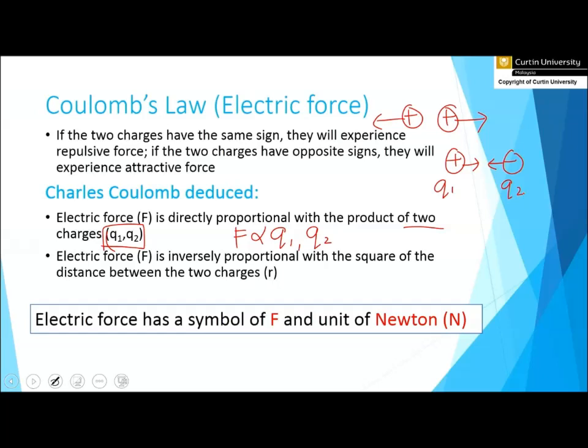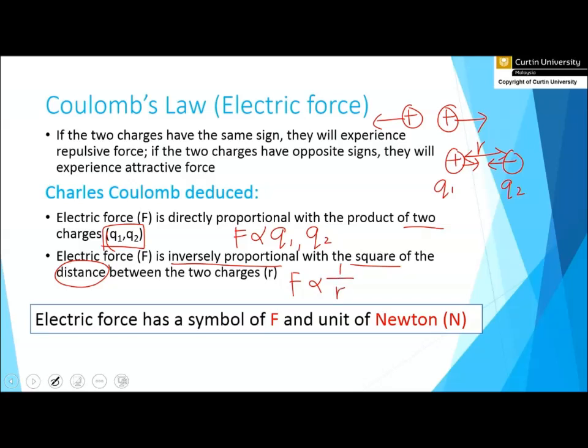And electric force is also inversely proportional with what? With the square of the distance. So let's say if the distance between your Q1, Q2 is R, then the force is inversely proportional with the square of the distance.